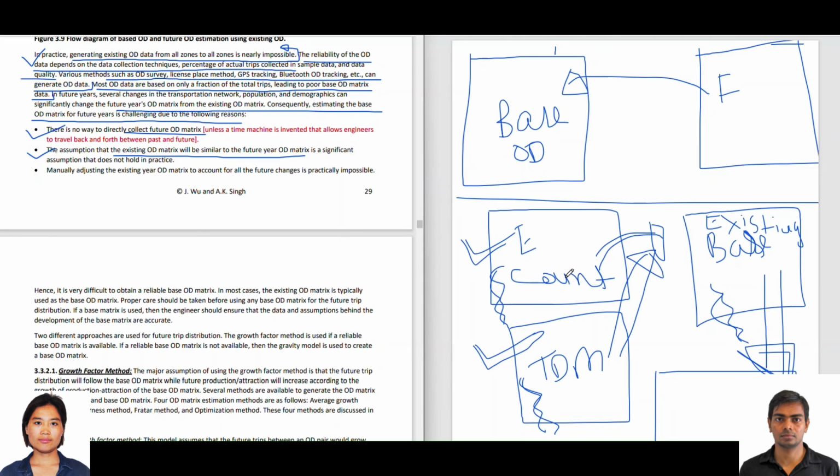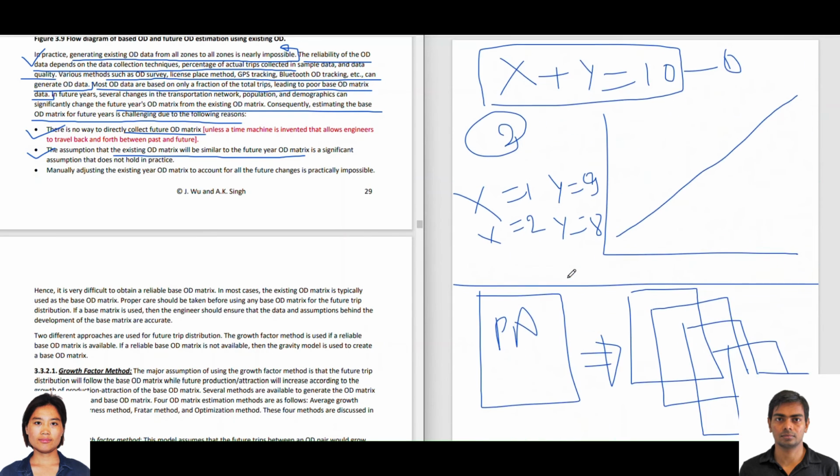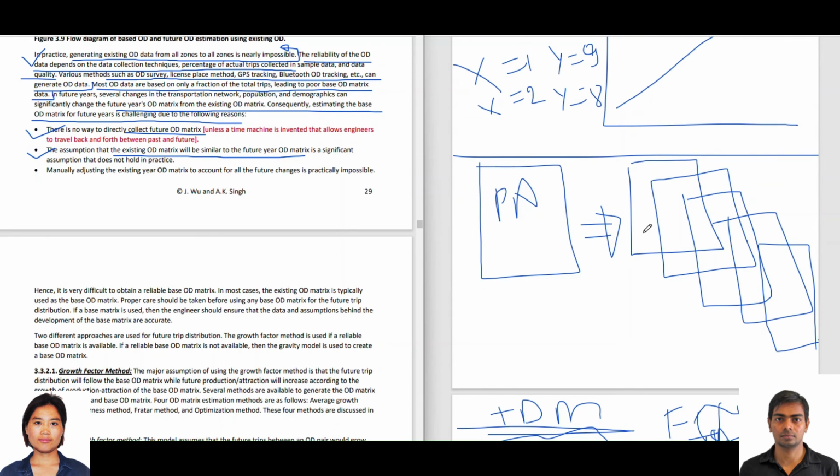So all we have in the travel demand model is the existing OD matrix, and then there is an infinite set of OD matrices coming from TDM. What we are trying to do is pick one of these ODs such that the future travel patterns are kind of matched and the existing OD is kind of matched, because predicting the future travel pattern is difficult, and so we use the existing OD to supplement the future OD estimation.